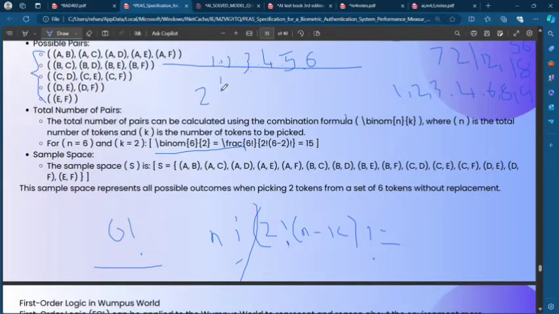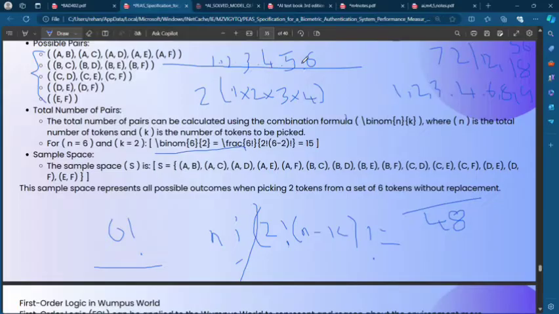Then divided by 2 factorial, which is nothing but 2 itself, into n minus k, 6 minus 2, which is 4 factorial, again 1 into 2 into 3 into 4. So 2 times 3 is 6, 6 times 4 is 24, 24 times 2 is 48, right?